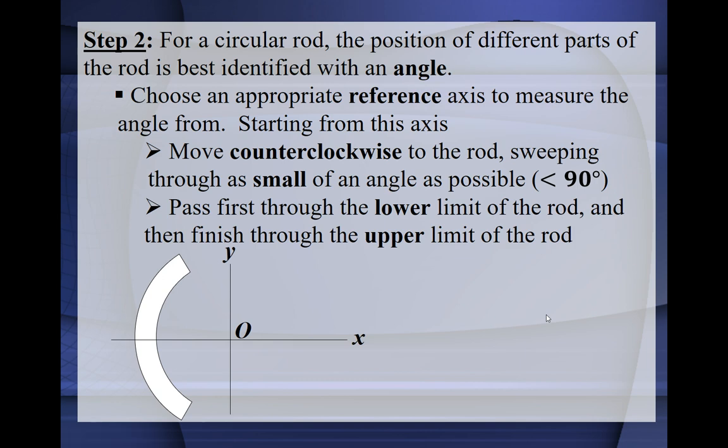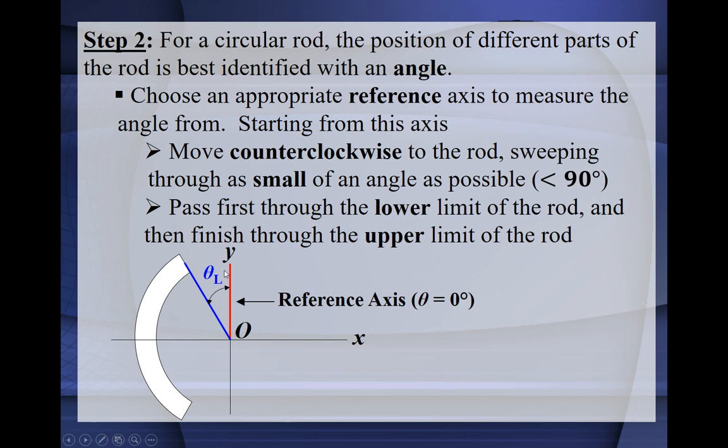Then we're going to identify the angle based on where the rod starts and where the rod ends, and we're going to use those as lower and upper limits of integration a little bit later on in this problem. So if we do this, my reference axis is the positive y-axis, where theta would be equal to 0 degrees.